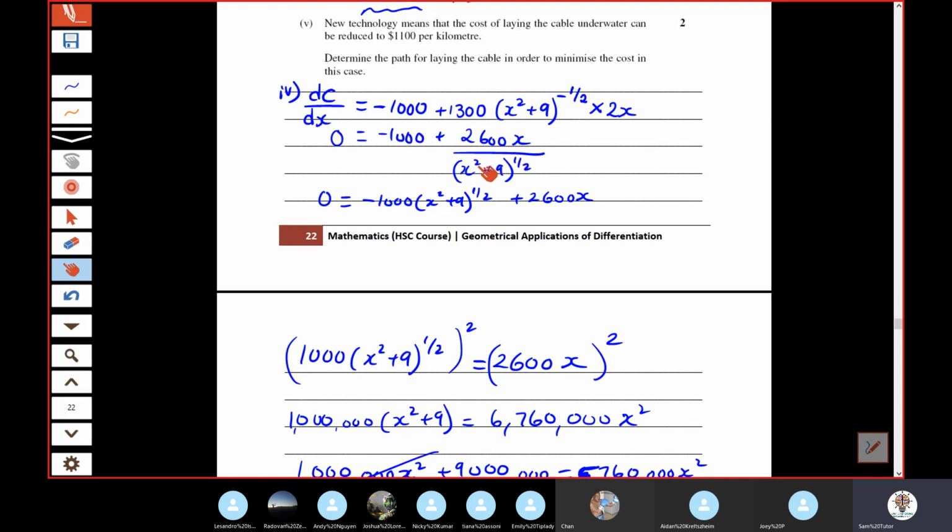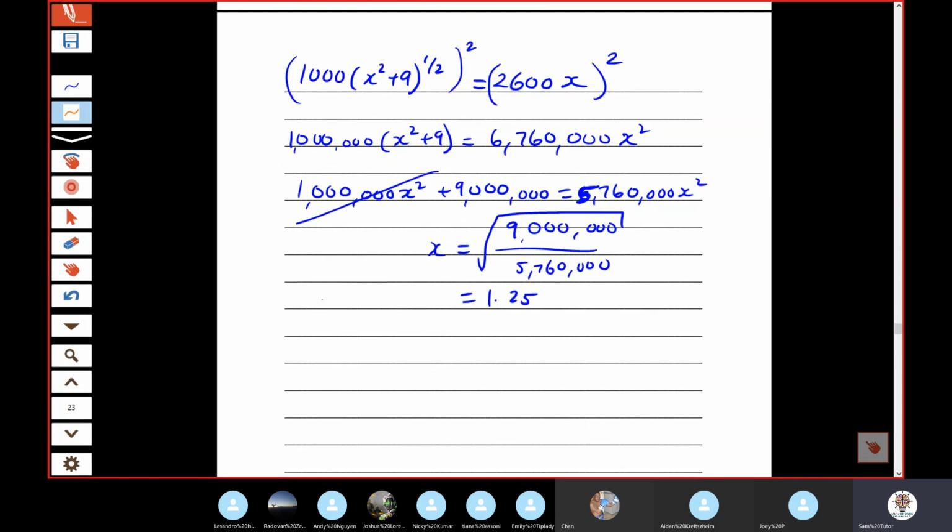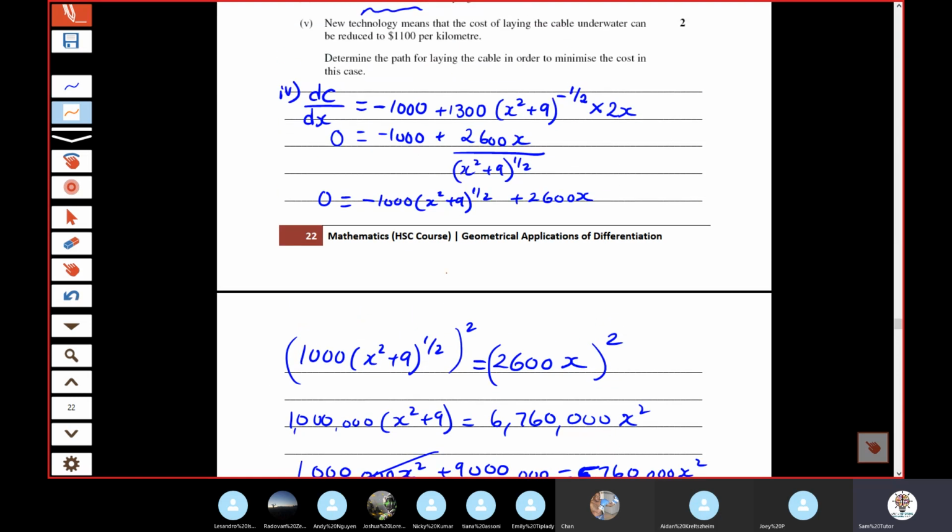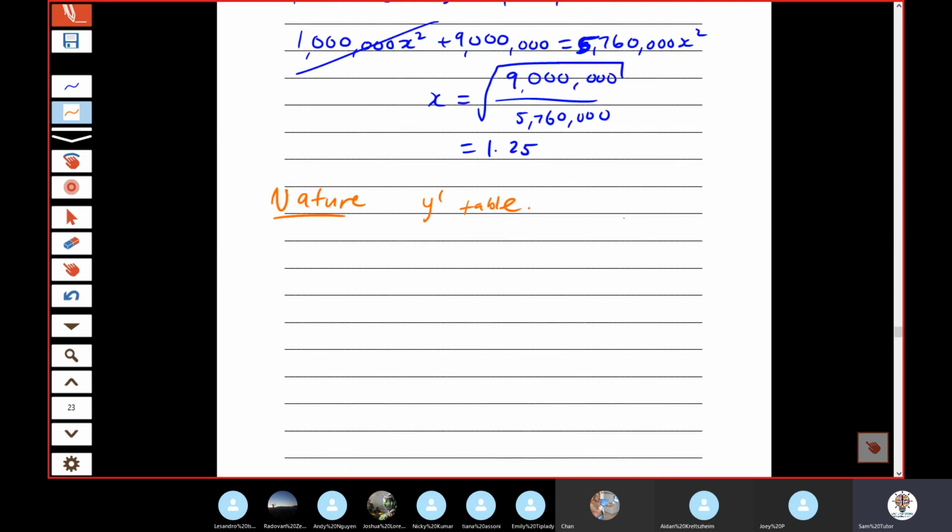So in this case, the y dash table comes into play. Let me just rewrite it. y dash equals negative 1,000 plus 2,600x on square root x squared plus 9.